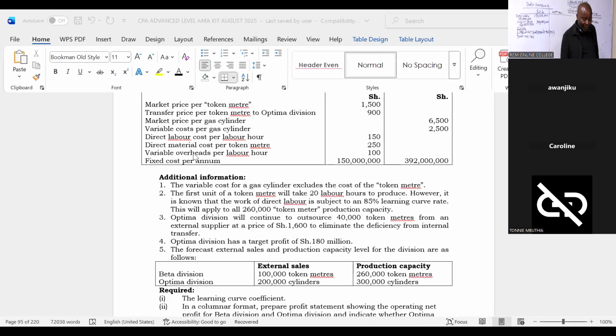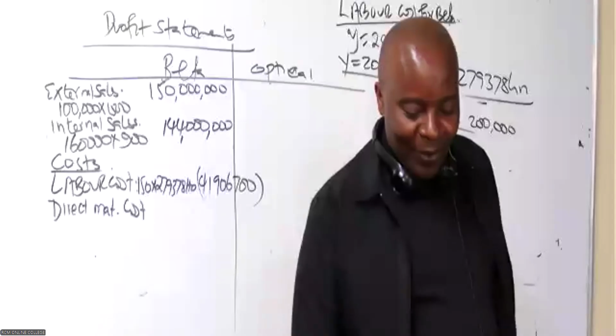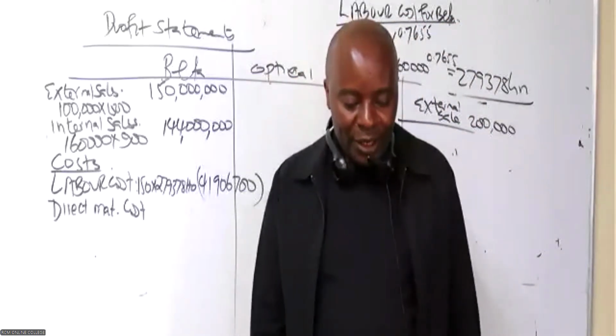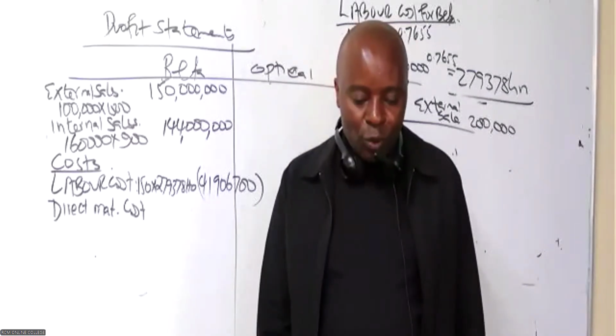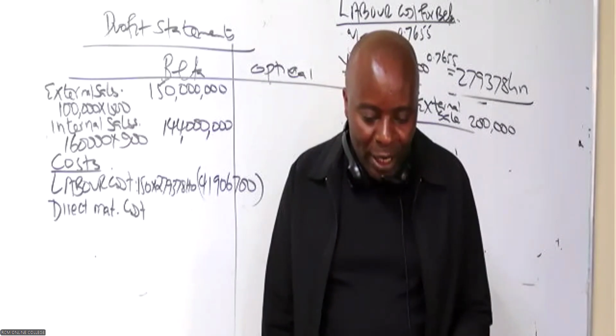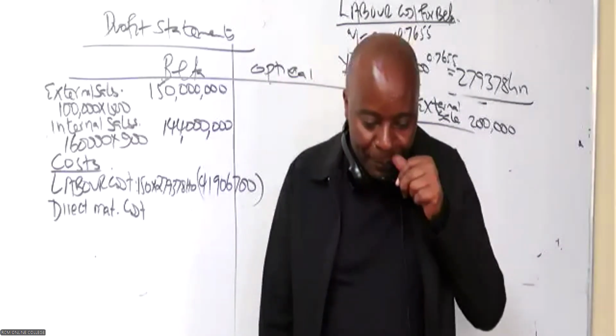So direct material cost per token meter. So then telling me I should take what times what? For material cost, I should take 250 times... Why 40,000, Rina?